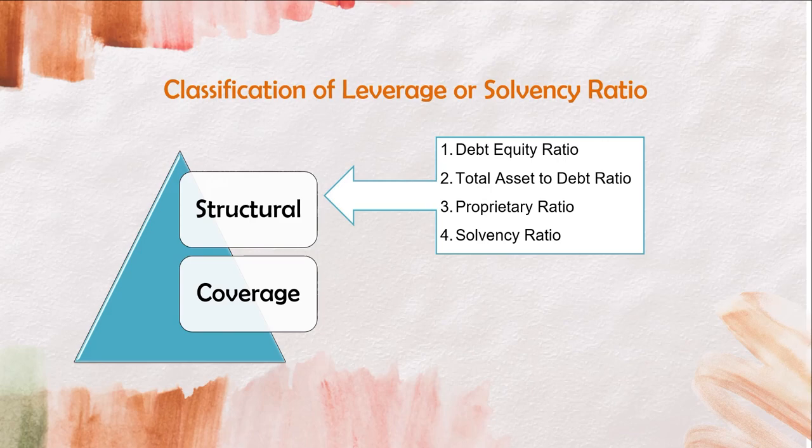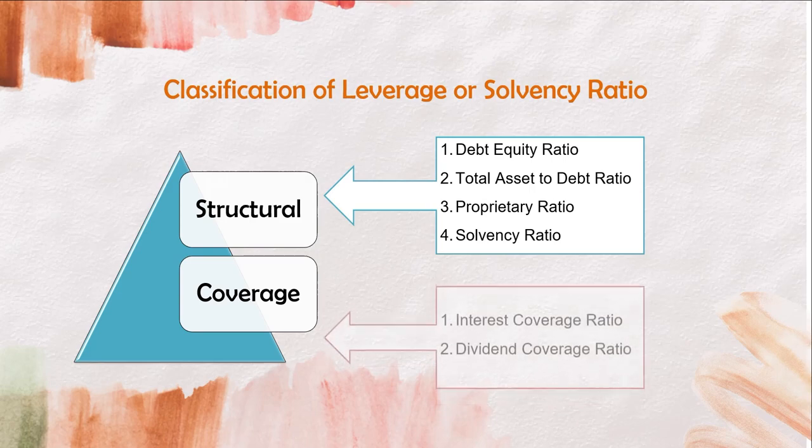Also, it helps to analyze the profitability of the firm. By using the profit and loss items, we measure the coverage ratios. There are two types of coverage ratios: interest coverage ratios and dividend coverage ratios.